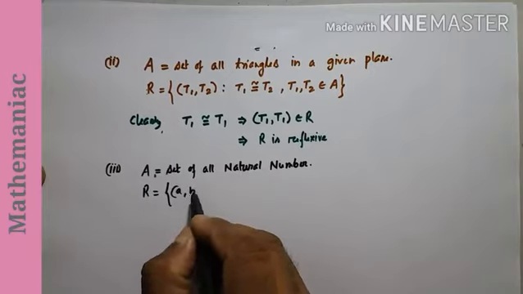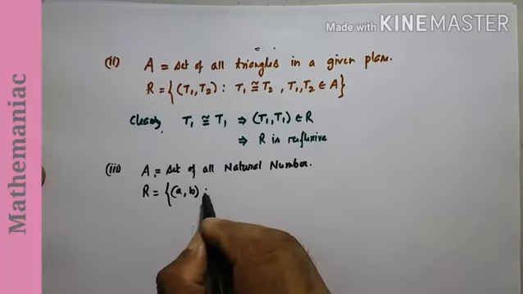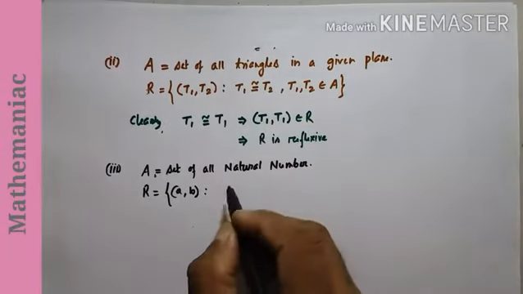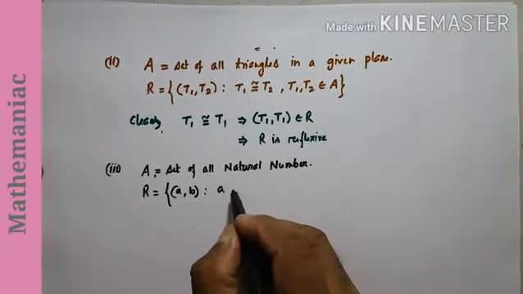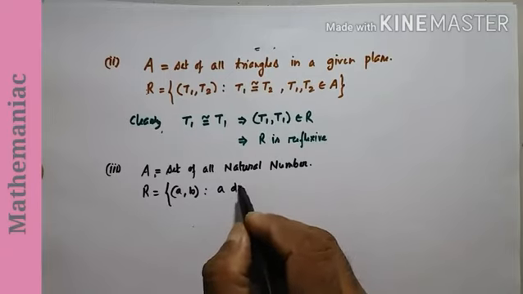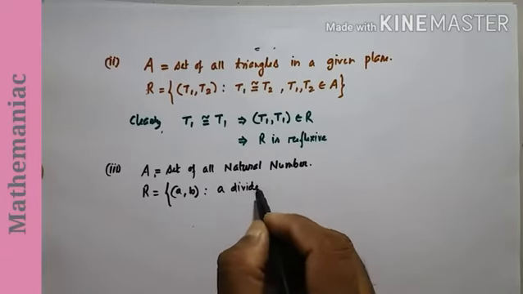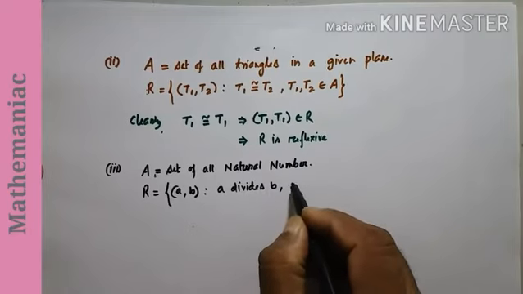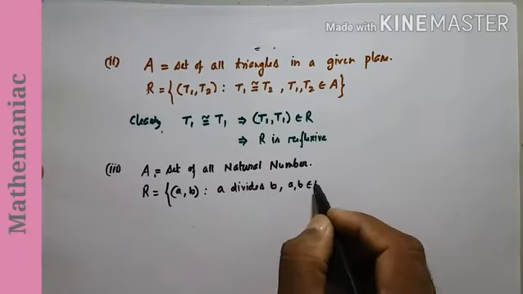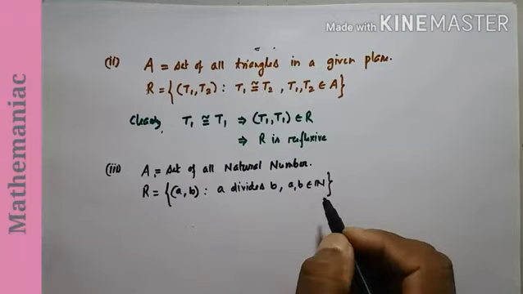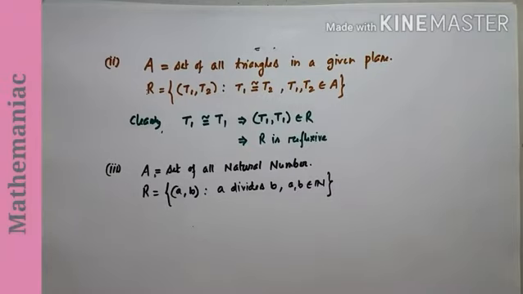Say two numbers A and B will be said to be related to each other if A divides B, where A and B are taken from the natural numbers, or rather you can say set A.